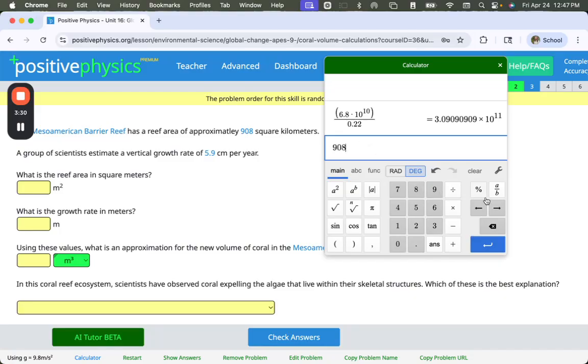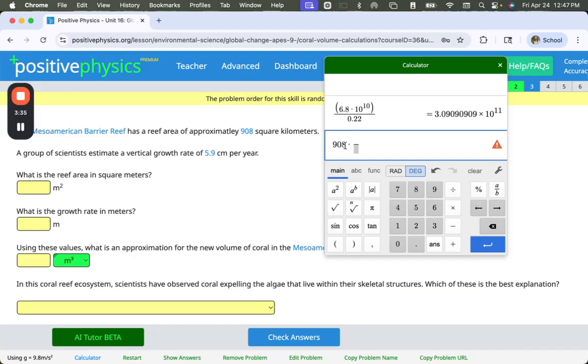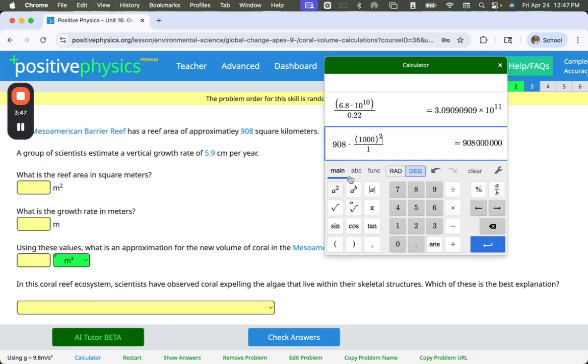So I have 908 square kilometers that I'm typing in, and then I'm going to multiply that by a fraction where I have 1 square kilometer on the bottom is equal to 1,000 meters squared on the top. So what happens is you're actually timesing by 1,000,000 because you have to do 1,000 meters is equal to 1 kilometer. So 1 square kilometer is 1,000 squared, 1,000,000.